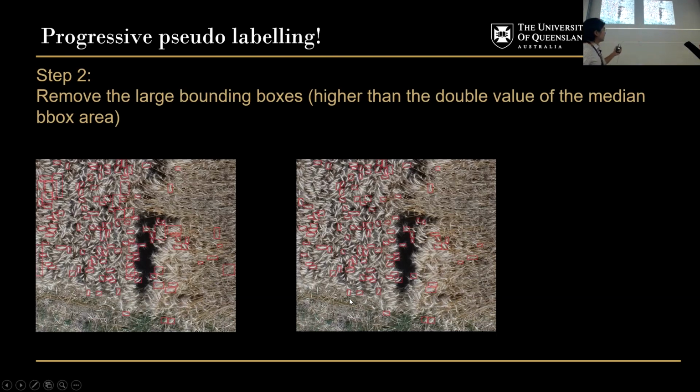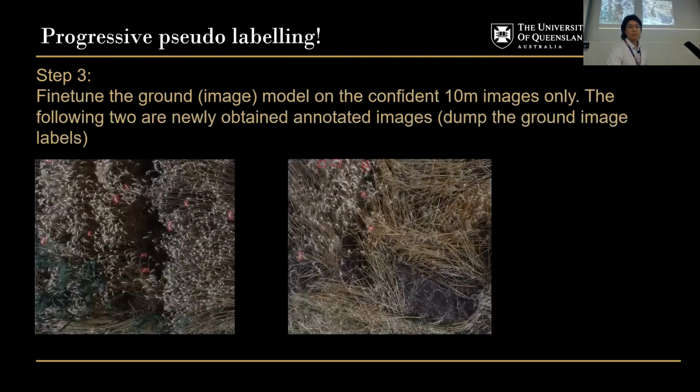After this step, you can see most of the bounding boxes locate the wheat heads pretty accurately. And then we can use these pseudo-labeled images to train our object detection model once again, to fine-tune it.